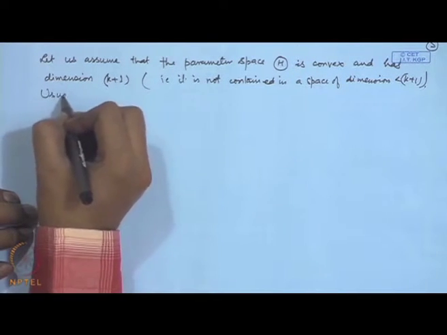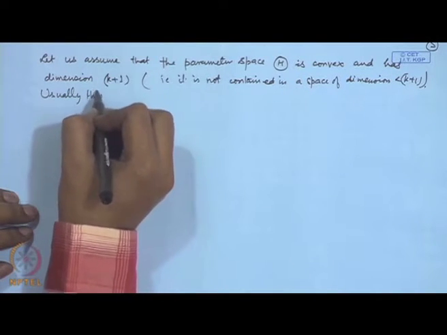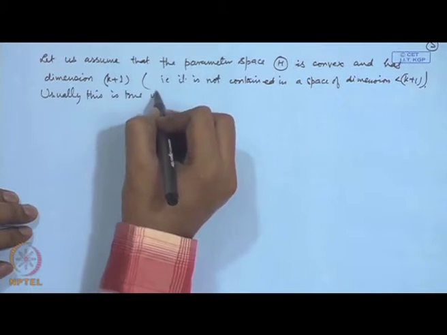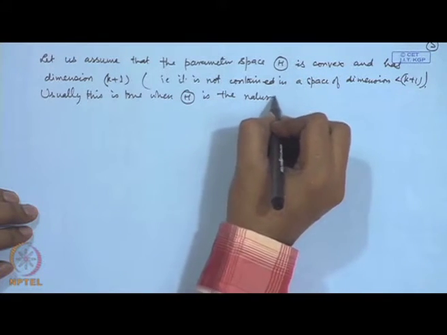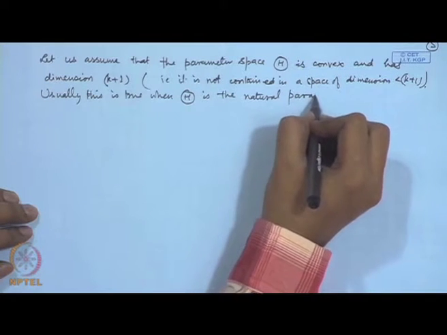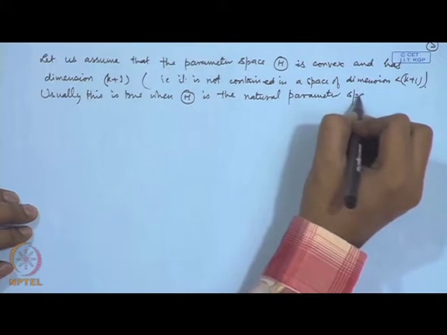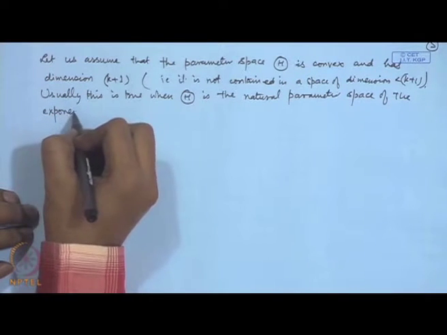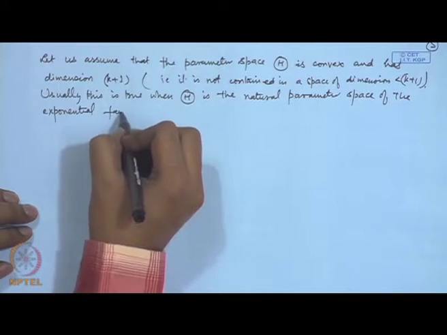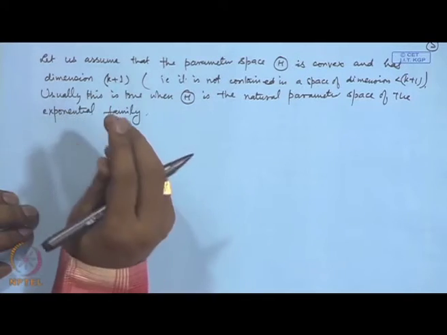Usually this is true when theta is the natural parameter space of the exponential family. We have seen one example where we are dealing with two normal distributions and the means were the same. When the means became the same, the dimension became one less, and therefore the completeness was lost there.